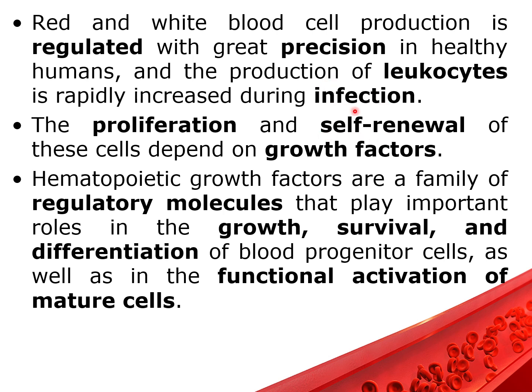So, whenever there is a requirement of leukocytes in case of infection, our body will precisely produce more and more white blood cells. Then these cells will proliferate and they will go by blood circulation to the location where they are required.